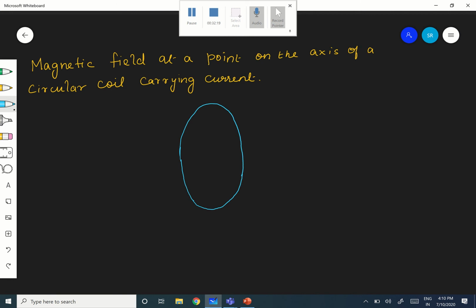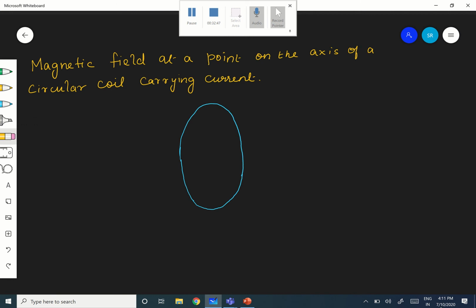It is kept perpendicular to the plane of the board, or perpendicular to the plane of your paper. Like that I am keeping the coil. It is not like in the previous case, where I drew it like this, which means that the coil is in the plane of the board. But now it is kept perpendicular to the plane of the board.